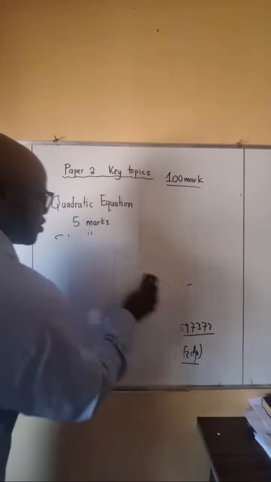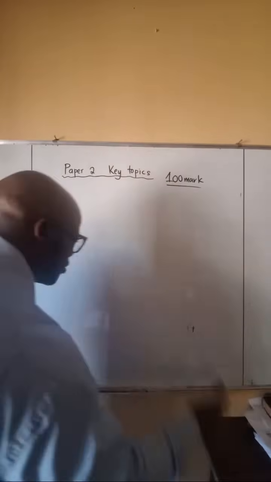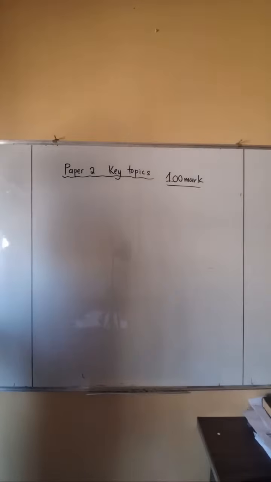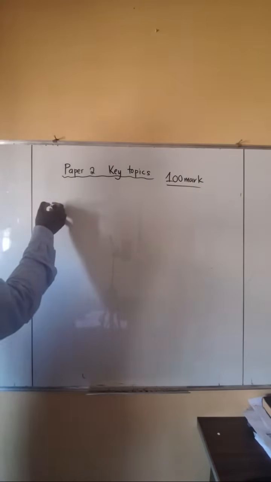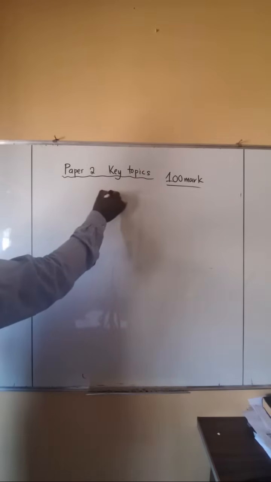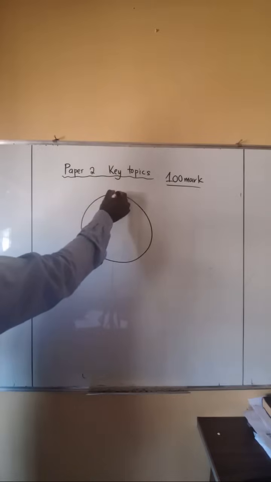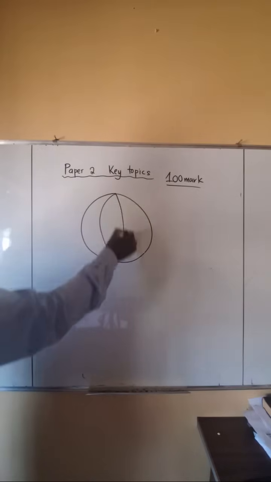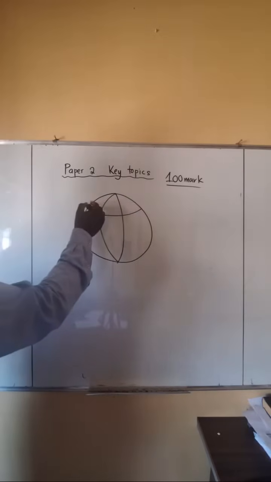You get at least 6 marks for earth geometry. So let me write the question. The question looks like this. And remember, I'm picking topics randomly. So we've got a globe like this. And here it goes like that.